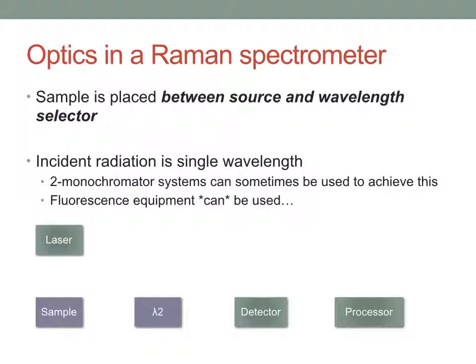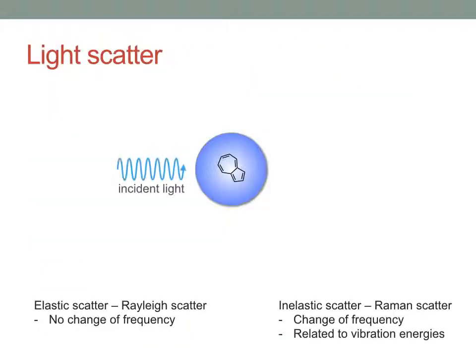So I keep on talking about scatter, but what actually is scatter? Here I've just got this molecule, and if I have incident light coming in, and that light is scattered, but there is no change in wavelength, that I refer to as Rayleigh scatter. We will always see Rayleigh scatter. It's something we see even in fluorimeters, and we can see Rayleigh scatter at twice and half the wavelength of my incident light.